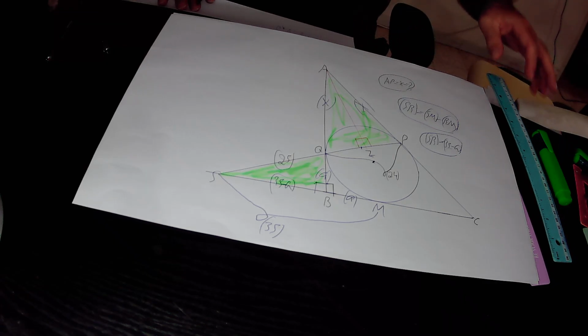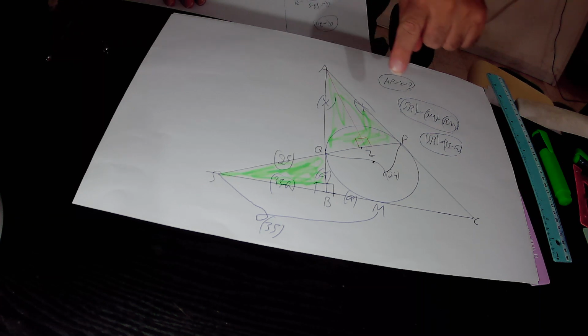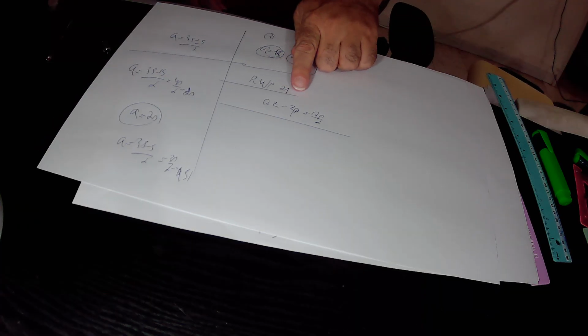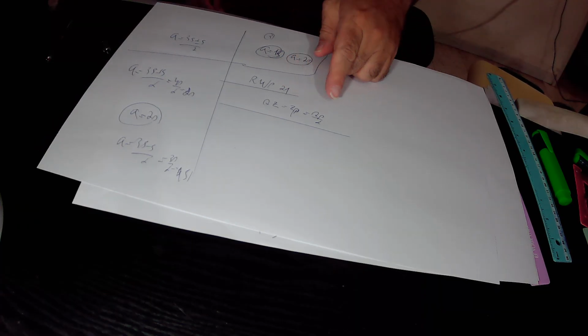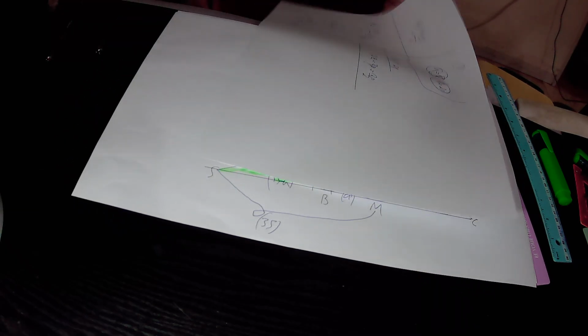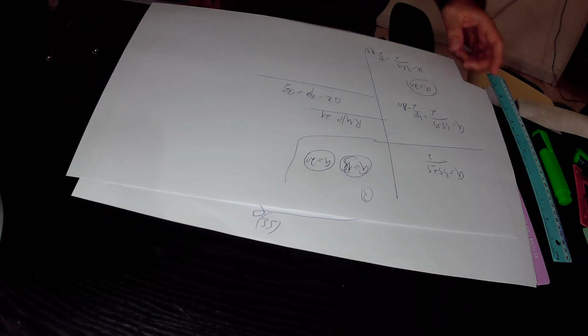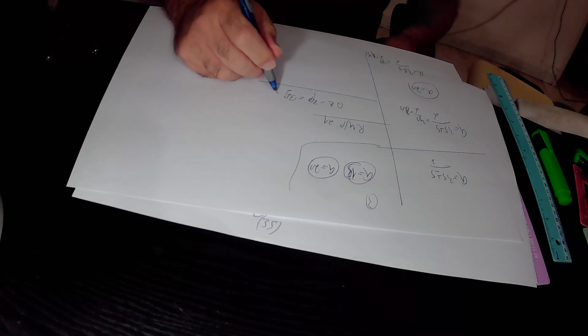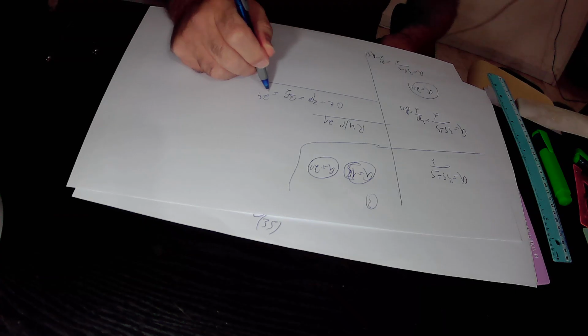And again, the perpendicular AZ bisects the base QP. So the first half QZ must be equal to the second half ZP, and each half must be equal to QP over 2. QP is 24, therefore QP over 2 is 24 over 2. This is 12.